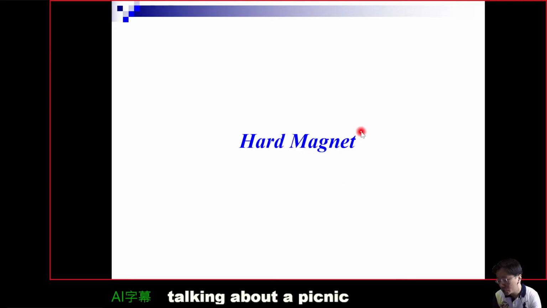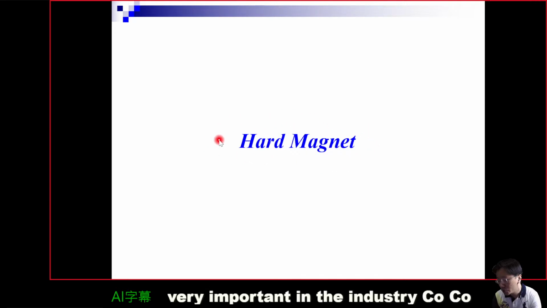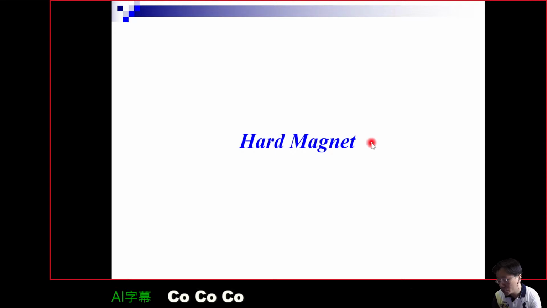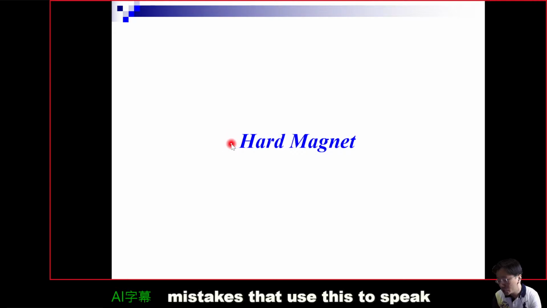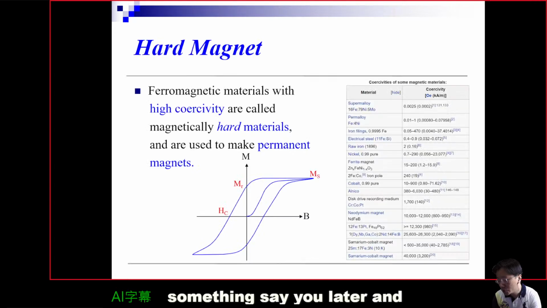The hard magnet is a very important material not only in industry but also in medicine, because we always need a hard magnet to detect or just use it to scratch something. I will show you later, and let me explain what is called a hard magnet.